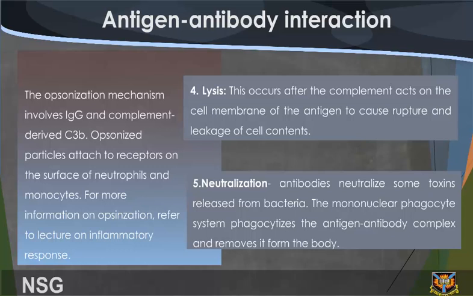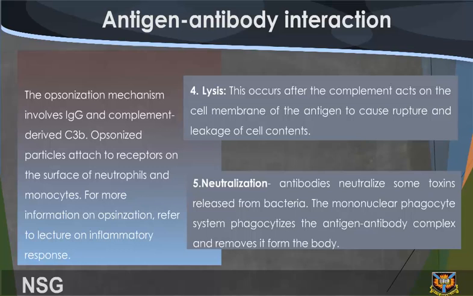The opsonization mechanism involves IgG and complement-derived C3b. Opsonized particles attach to receptors on the surface of neutrophils and monocytes. For more information on opsonization, refer to the lecture on inflammatory response. 4. Lysis.